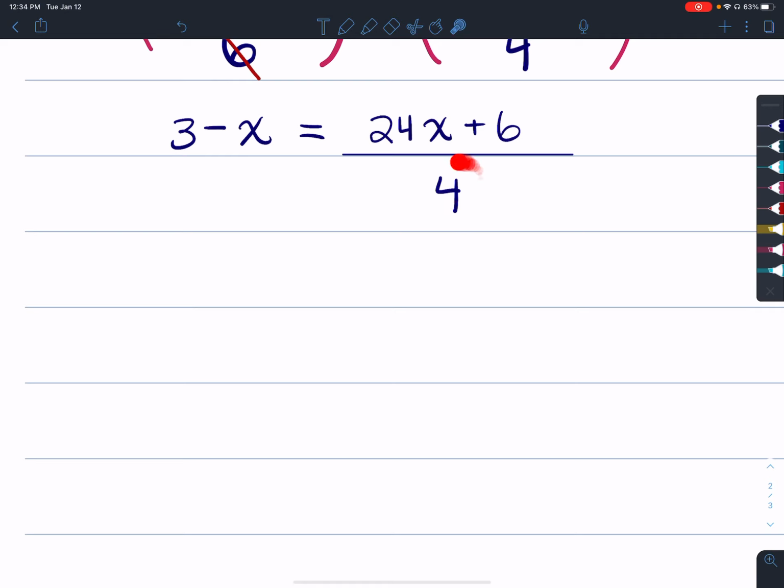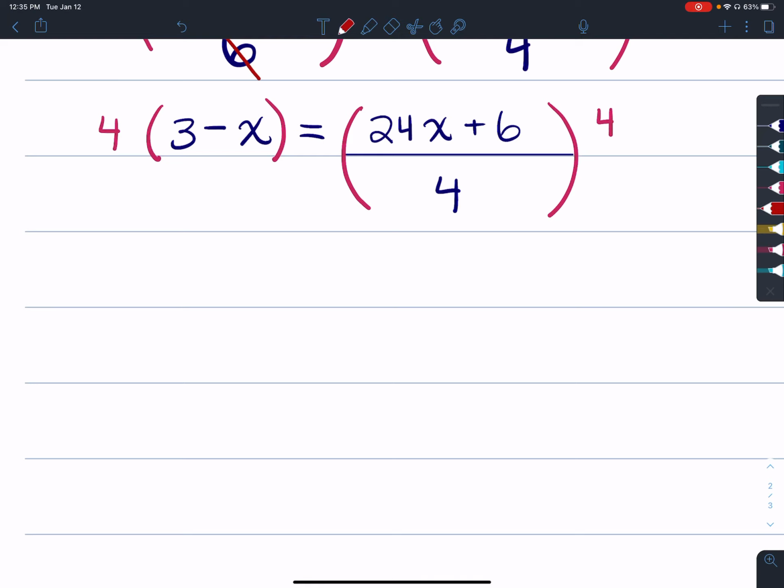Again, we have another denominator that's going to bother us. So we want to do the same thing on this side, is that we want to get rid of that divided by 4. So we have to multiply the entire thing by 4. And then since we're doing that to the right side, we have to do the same thing to the left side. So we're multiplying the entire left side by 4 as well.